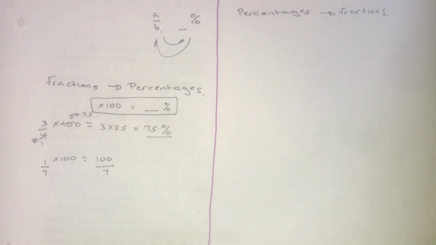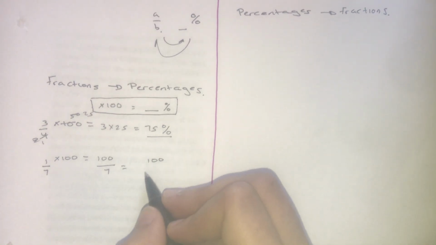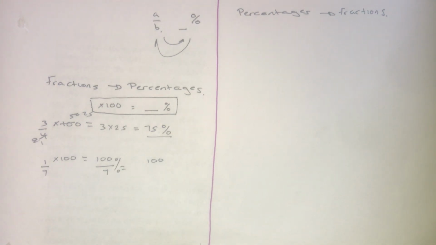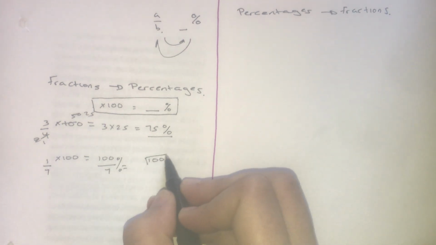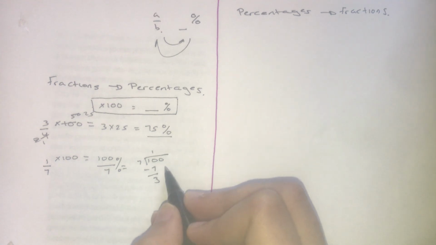But can you leave it like that? Not really, so you divide it. Actually, you can leave it like 100 over 7%, but of course that's not neat, and it's better if you just divide it up. 7 into 100 gives 14, the remainder is 2.